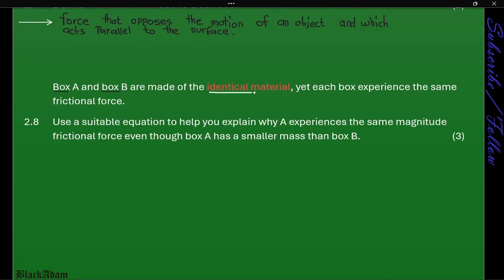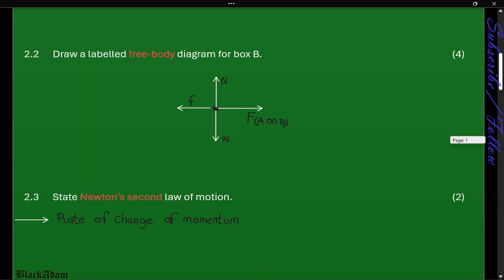Then boxes A and B are made of identical material, yet each experiences the same friction force, and we have to explain that. Same material means the coefficient is constant, the coefficient of kinetic friction is a over g, and remember that the acceleration is the same, because it's the same system. They're made of the same material and they are combined.